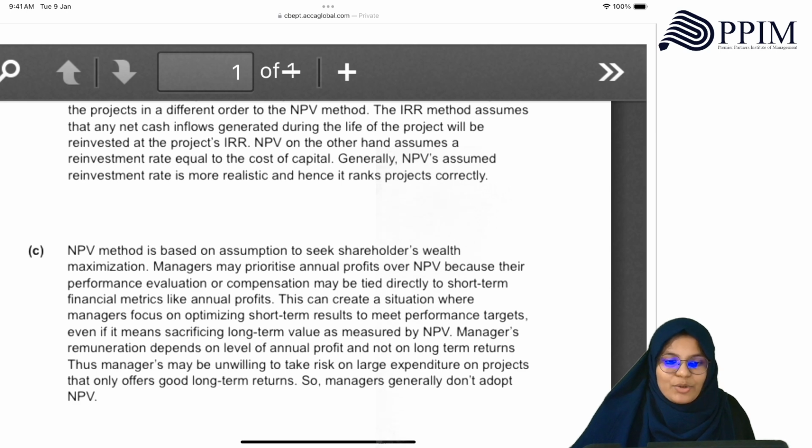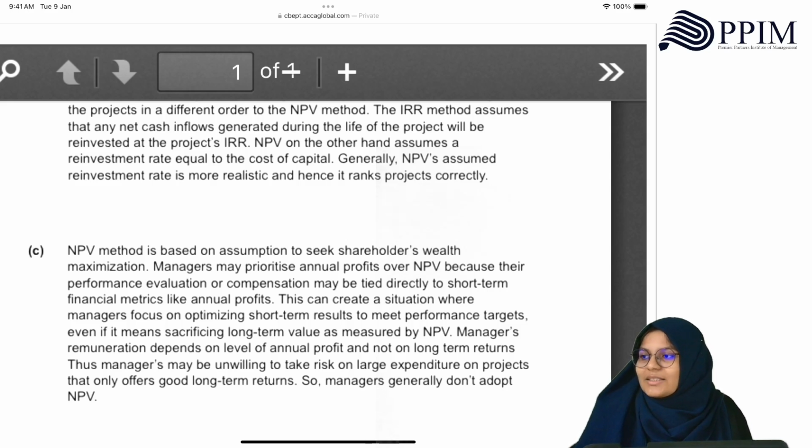So managers' remuneration depends on the level of profit and not on the long-term return. Thus, managers may be unwilling to take risk on large expenditure on projects that only offer good long-term results. So, usually managers tend to not accept NPV. NPV happens to be a good option if you are thinking for the benefit of the shareholder.